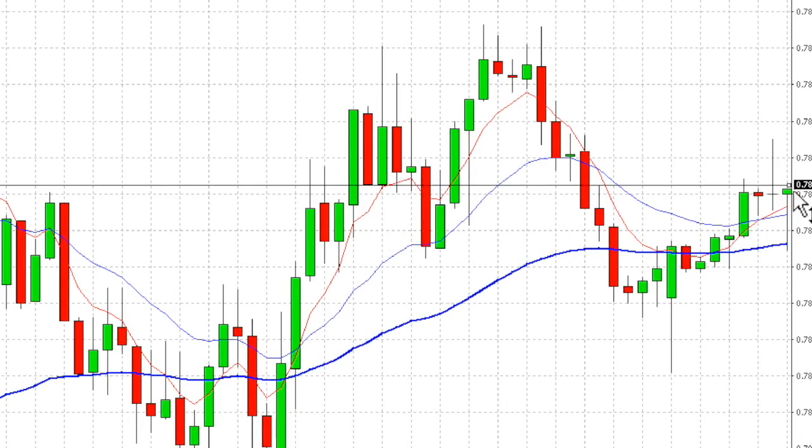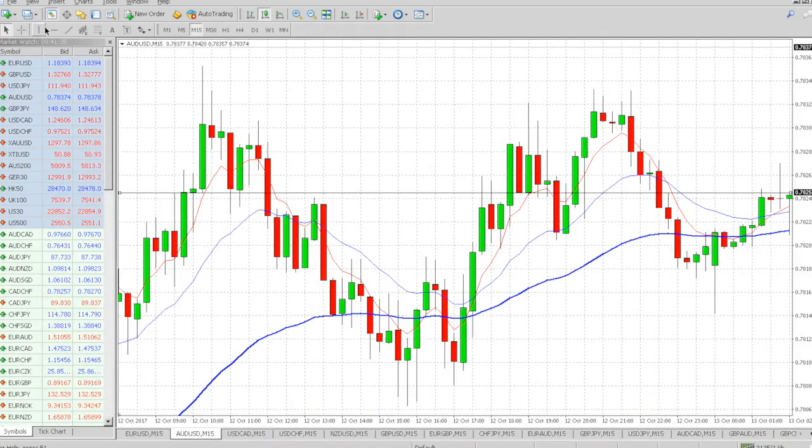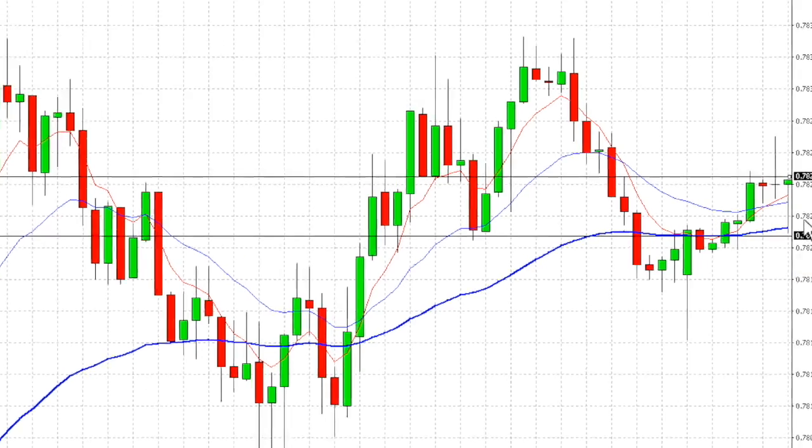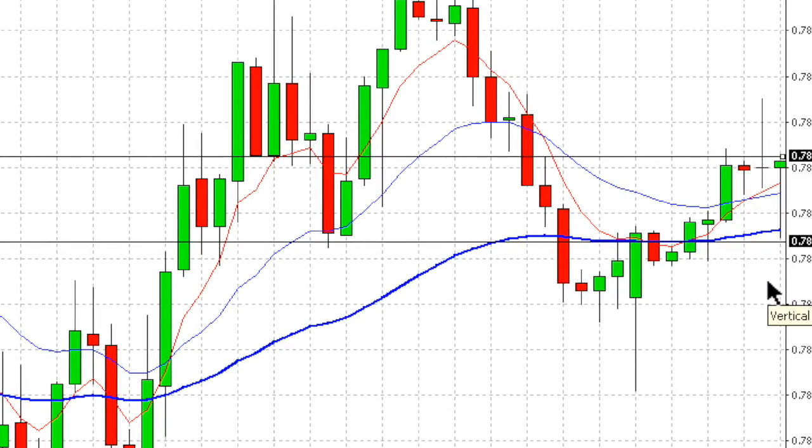The next candle goes above the high, triggers the buy stop order, and very quickly I got to calculate where's my stop loss. My stop loss is below the low of this pin bar, but must be at least 8 pips away. So you may want to practice a bit of your mental math, right? So 7825 minus 8 pips is 7817.